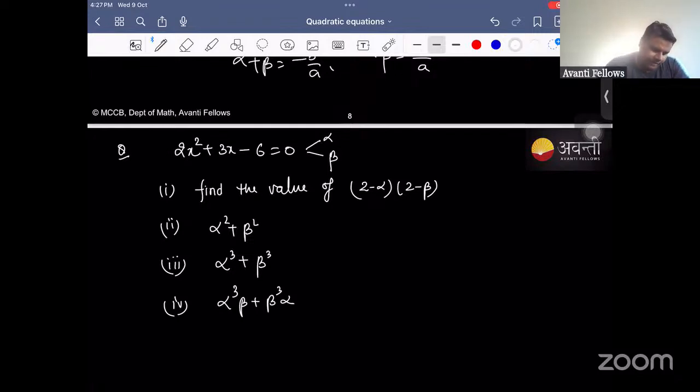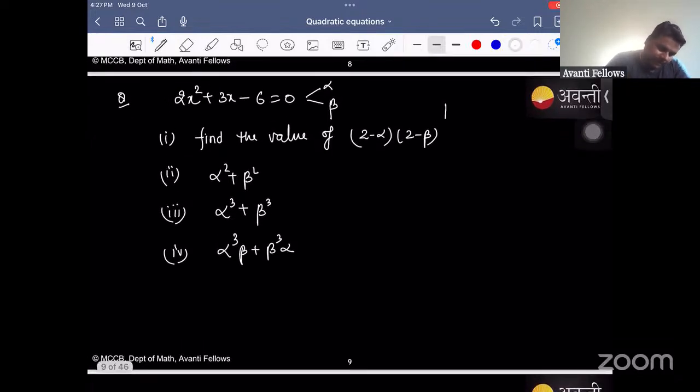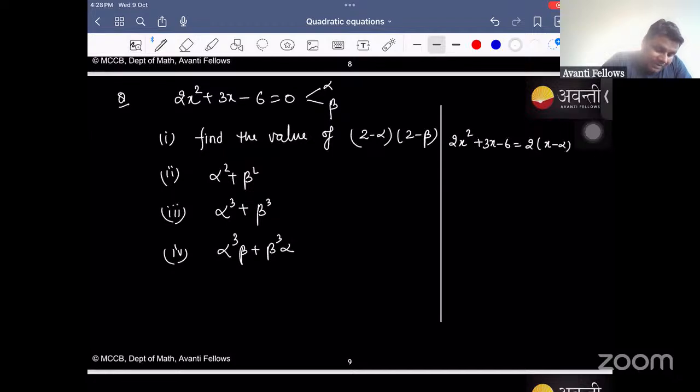I think you have tried it. See, first of all, for the first question, just see a way how we can write a quadratic. This 2x square plus 3x minus 6 can be written as 2 times (x minus alpha)(x minus beta).